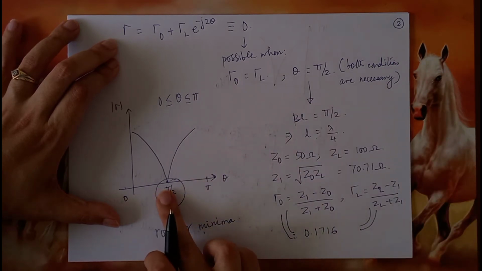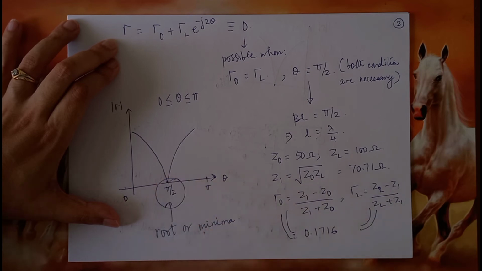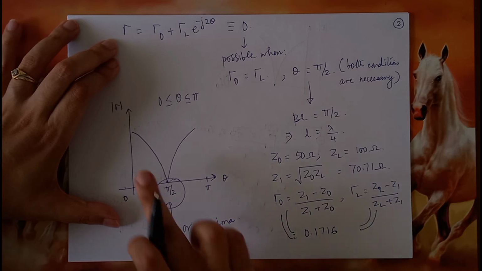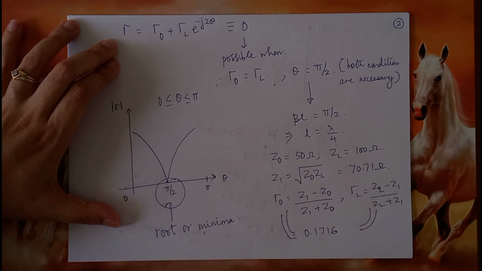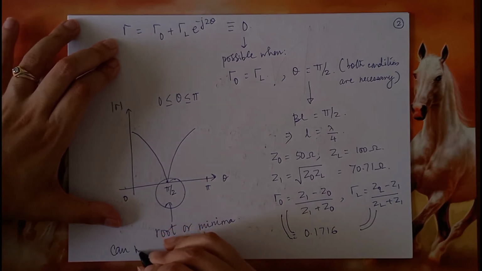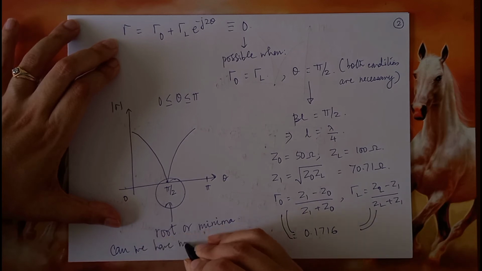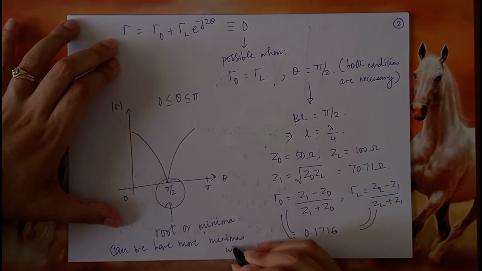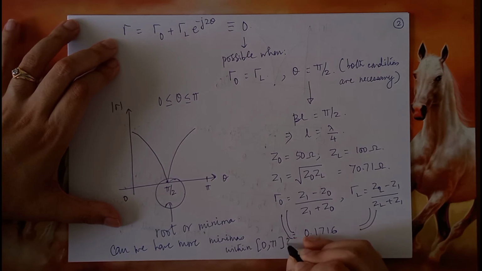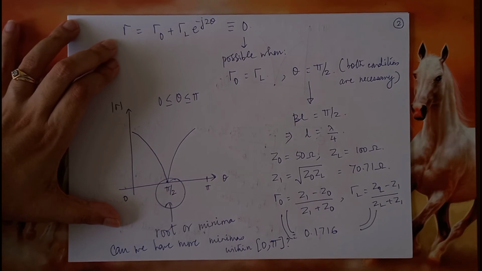The question is, how about we try to have more values of theta for which mod gamma is as low as possible? That is, can we have more number of such roots or minimas? That's the question. In this interval, can we have more minimas?